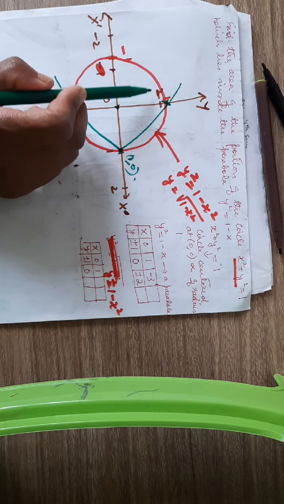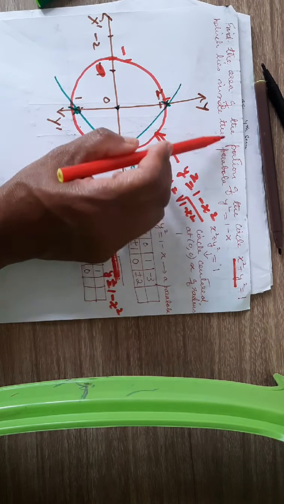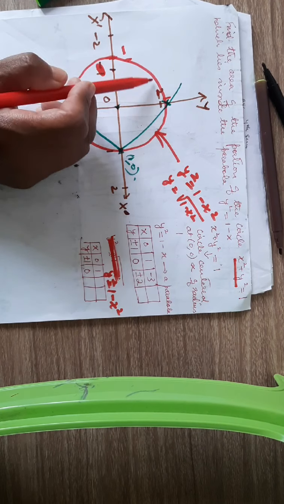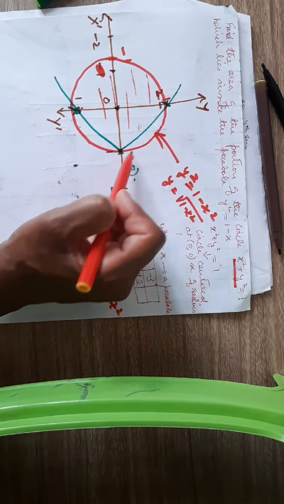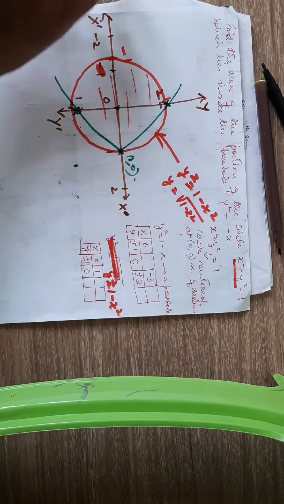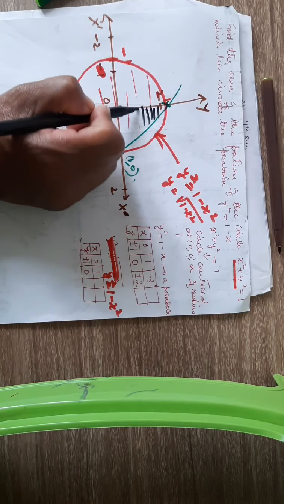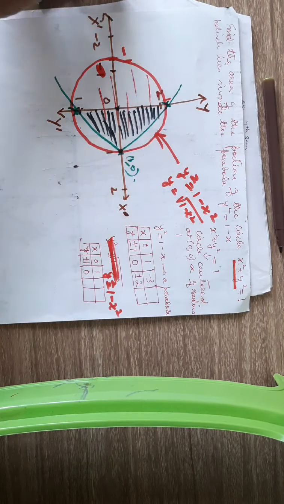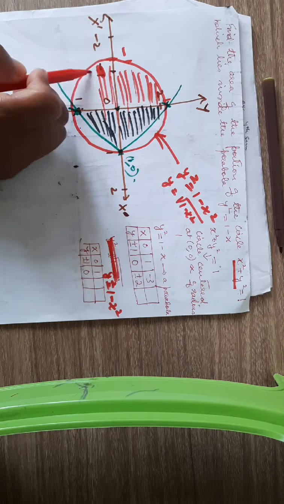So what we need to find is the area which lies inside the parabola. You can see that this is the area which lies inside the parabola, excluding this one. So we have to find this area here. I'll shade it with two colors so that we can find out the required area.